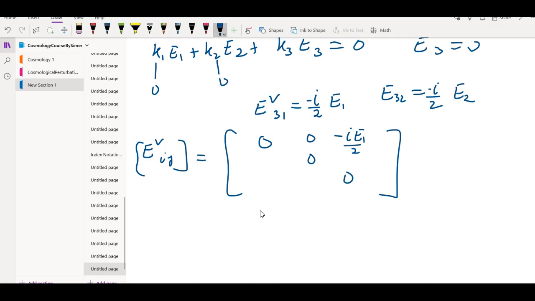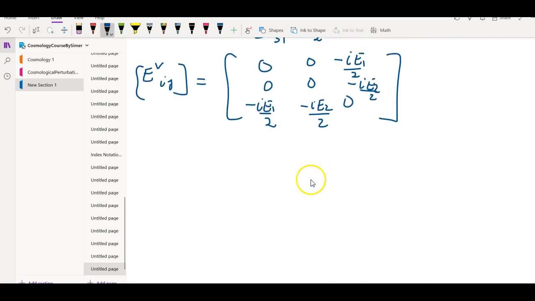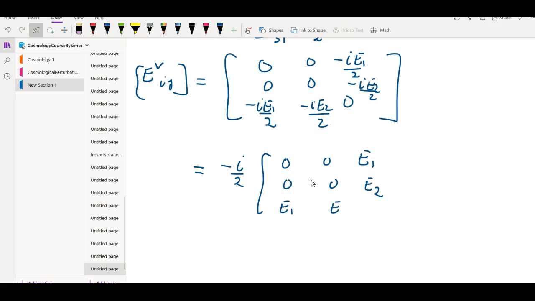So we have minus iota E1 by 2, iota E1 by 2, and minus iota E2 by 2, minus iota E2 by 2. And this becomes minus iota by 2 times the matrix 0, 0, E1; 0, 0, E2; E1, E2, 0.